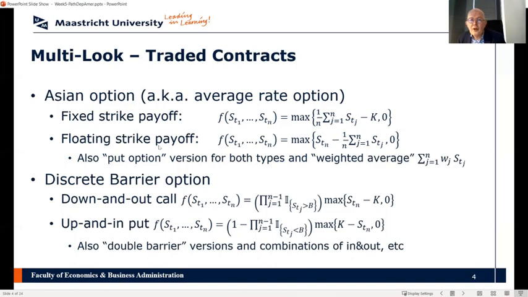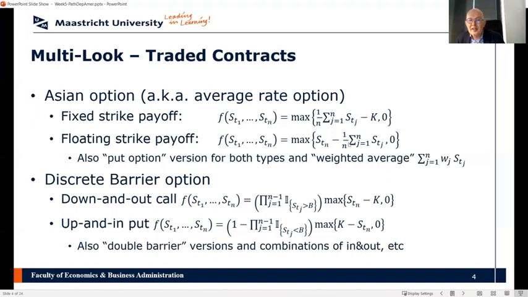You can have floating strike Asian options, where I compare the last value S_tn, or S capital T, against the average of the observations that came before, from j equals 1, T1, until Tn. Obviously we can do K minus the average, which is like a fixed strike Asian put option.